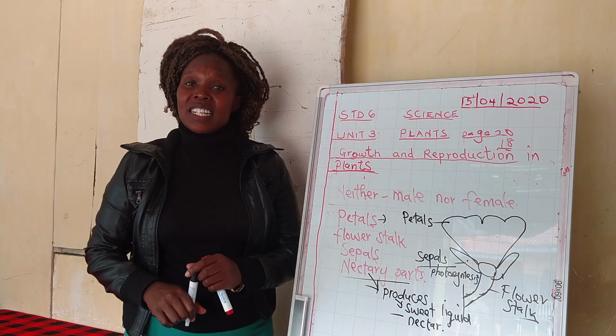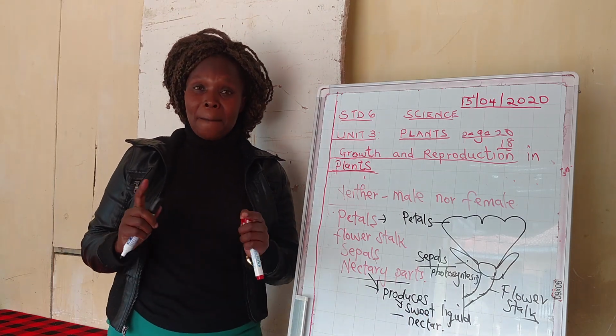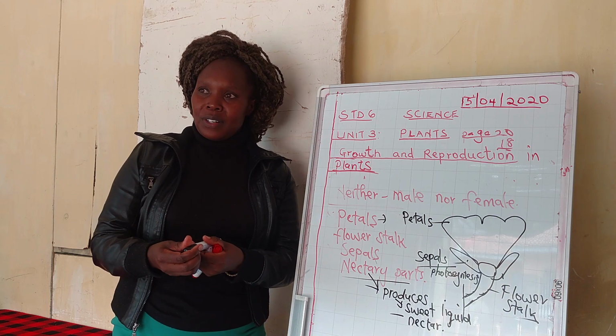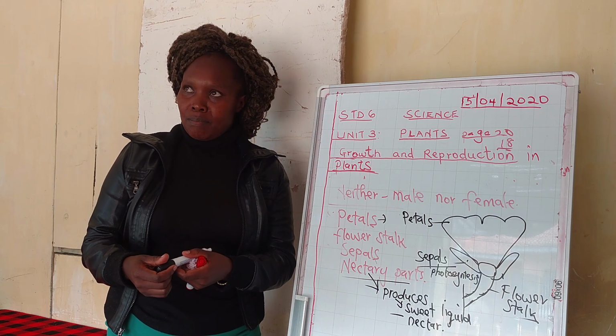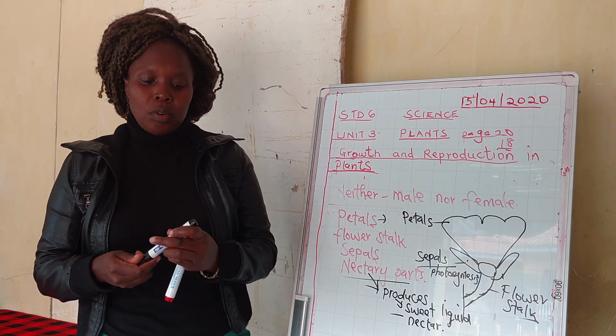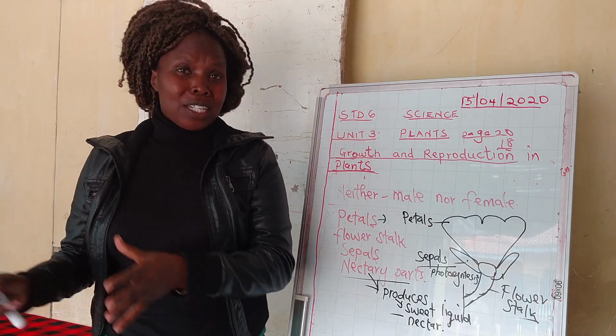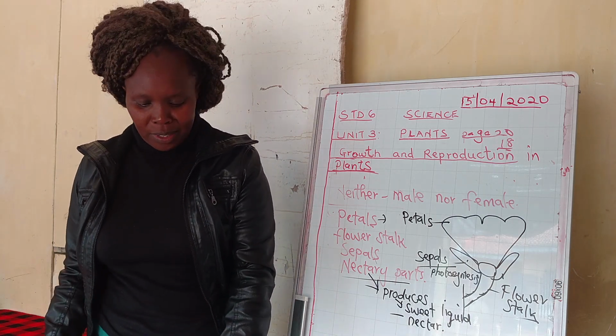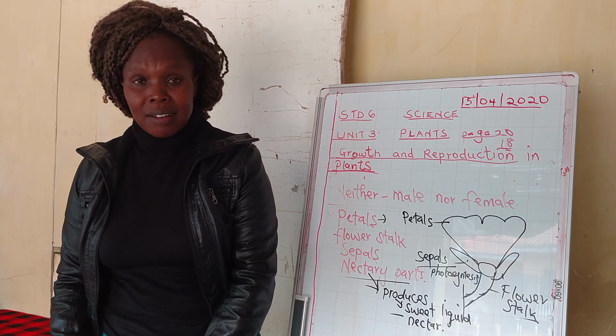Have you ever seen butterflies, bees, or birds near flowers? They like going near flowers. What do they go to do there? They go maybe to suck the nectar.